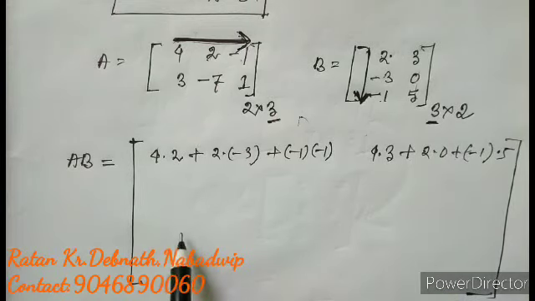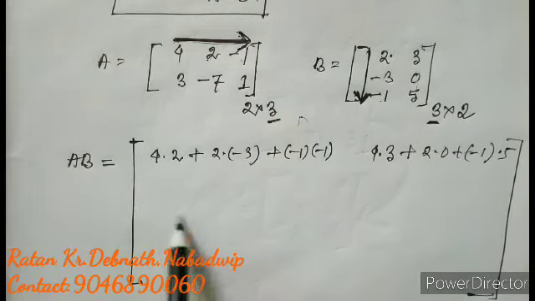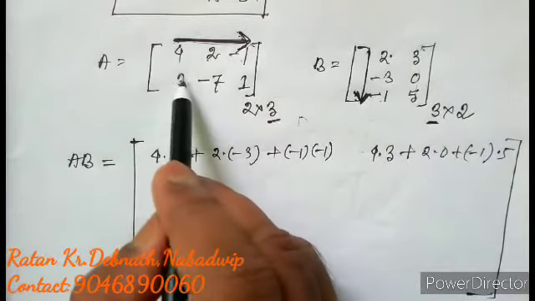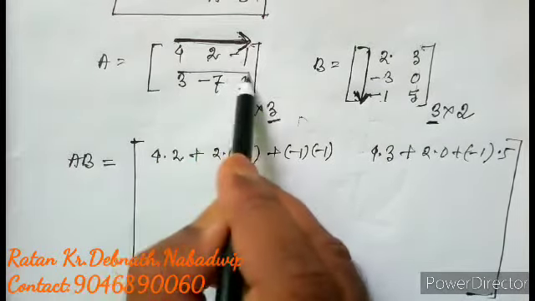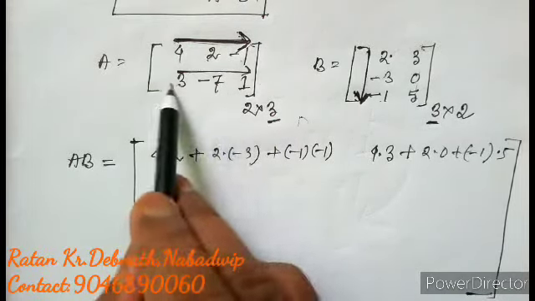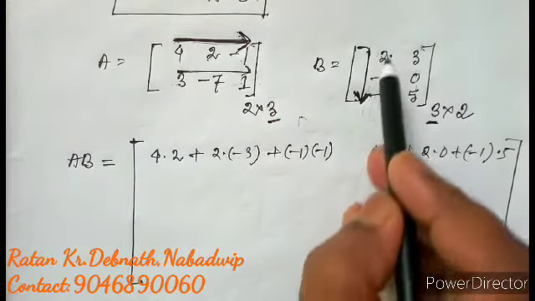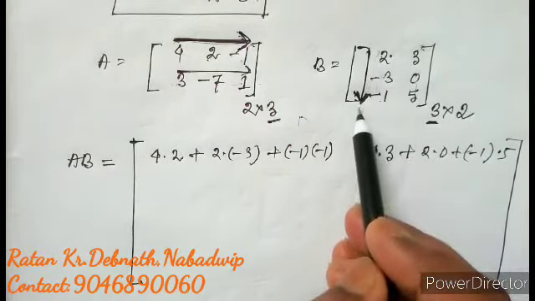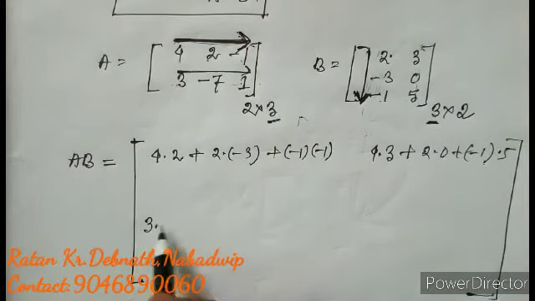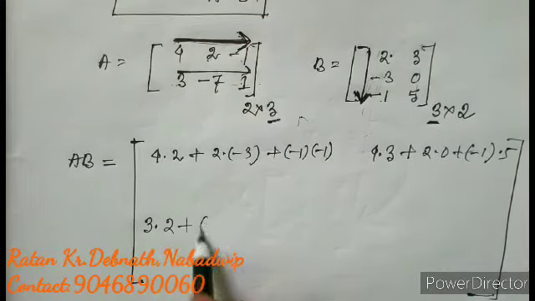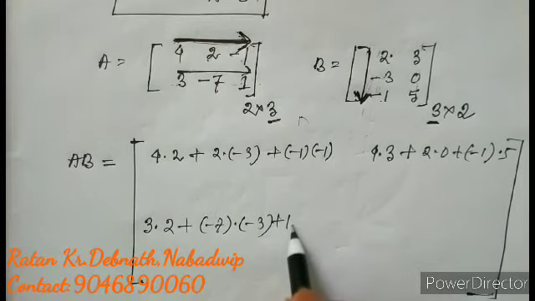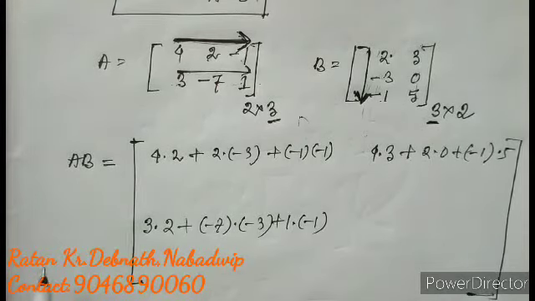Now how to get the first element of the second row? This row is fixed, the second row, and it falls on the first column like this, that is 3 into 2 plus minus 7 into minus 3 plus 1 into minus 1.